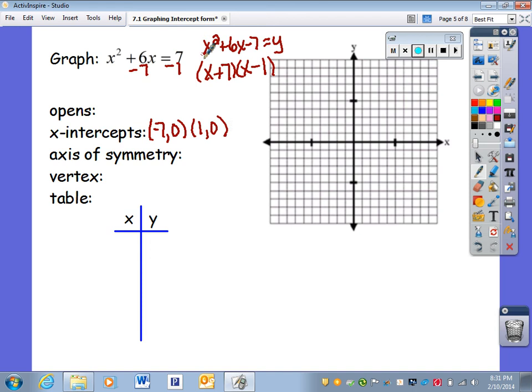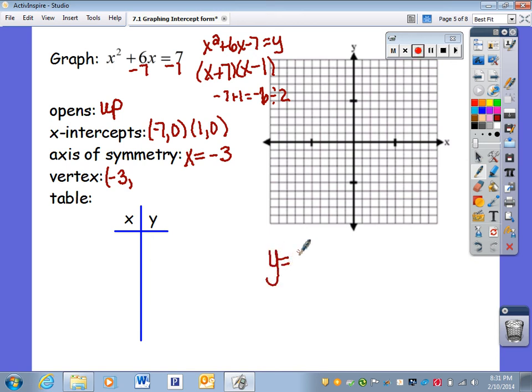Taking a look at our leading coefficient, it is 1, not written, but we understand it to be there, and since it's a +1, we know that our parabola is opening up. Axis of symmetry. We're going to add these two together, so -7 plus 1 is -6, and we're going to divide by 2, and that's going to tell us then that our axis of symmetry is at -3. And because the axis of symmetry passes directly through the vertex, we know that the x value of our vertex is at -3, and now we want to find the y value.